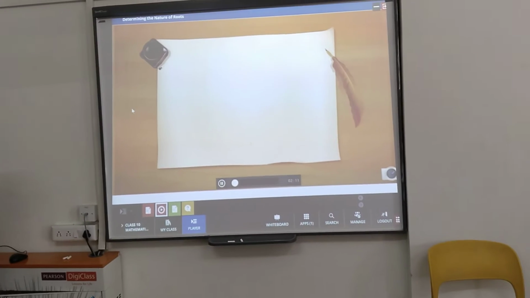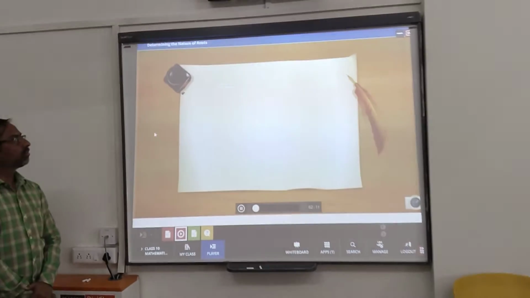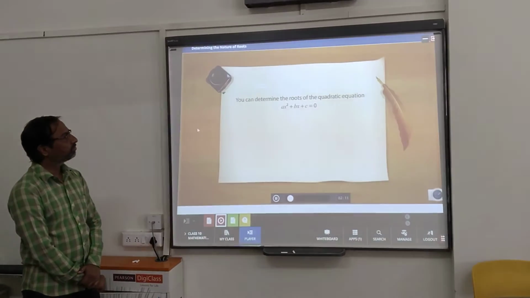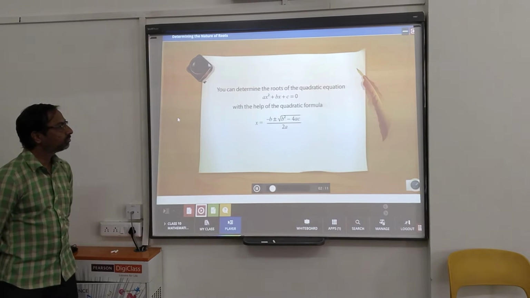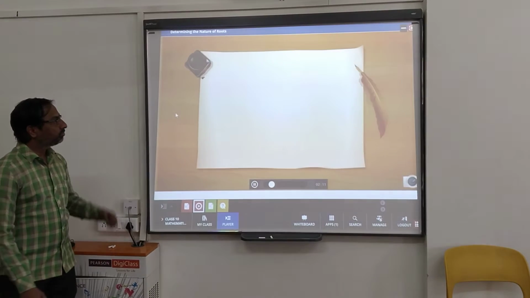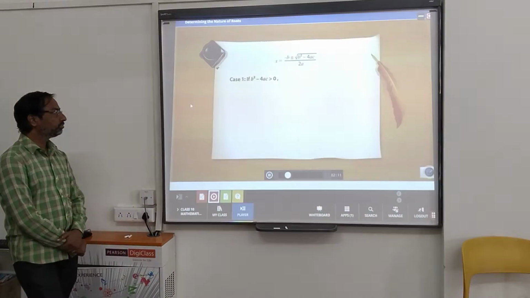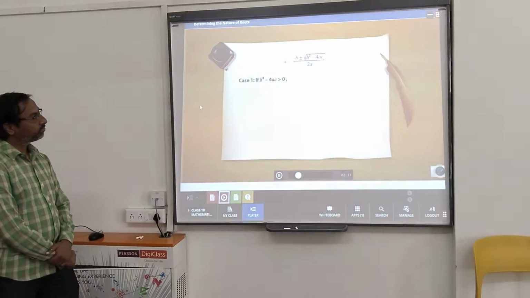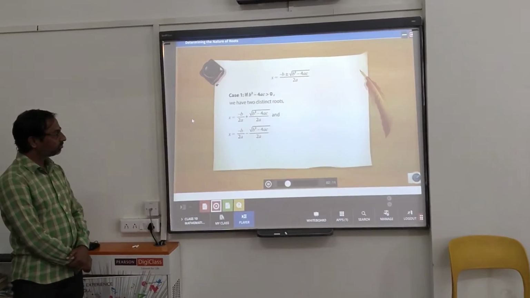You must have learned how to solve a quadratic equation using the quadratic formula. Did you know that you can also determine the nature of the roots of a quadratic equation with the help of this formula? In the quadratic formula, if b square minus 4ac is greater than 0, we will get two distinct roots of the quadratic equation as shown here.